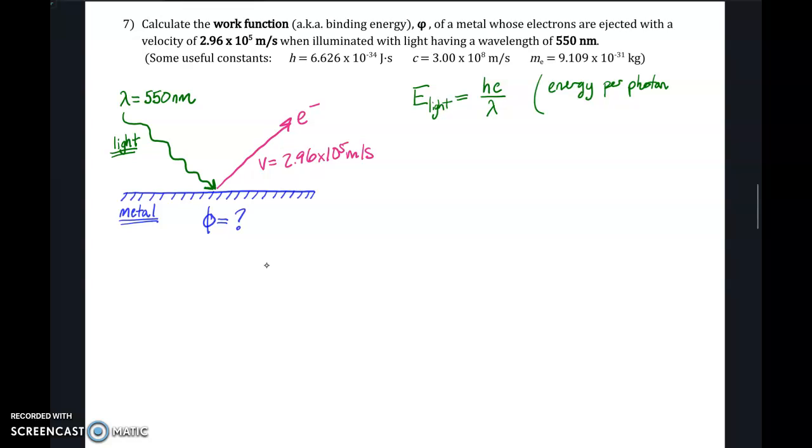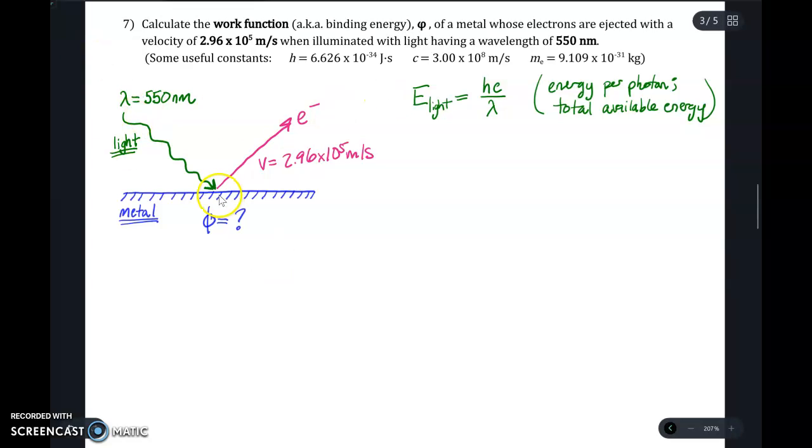The other thing to keep in mind is that the photon that's coming in has the energy that is going to set the tone for all of the processes that are happening here. So it also represents the total available energy in the problem that we're starting with, essentially.